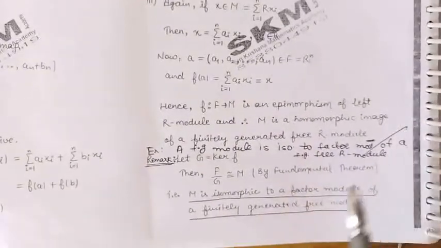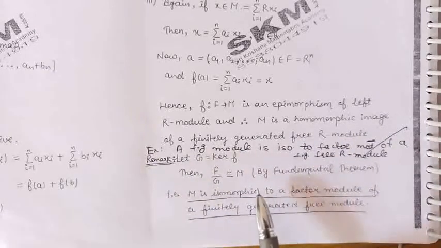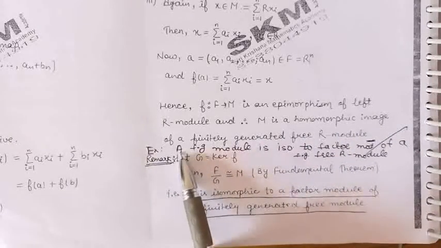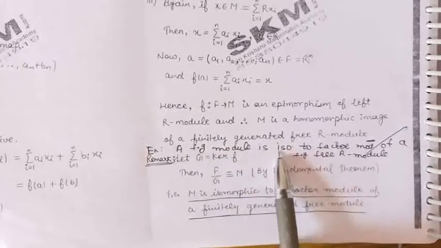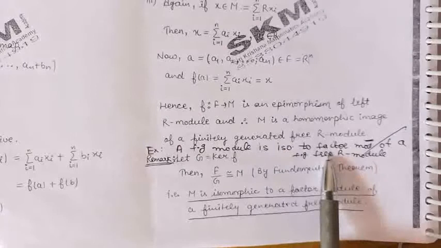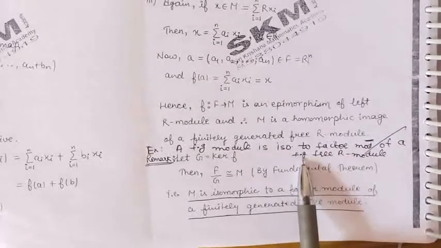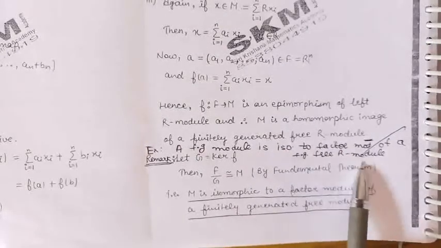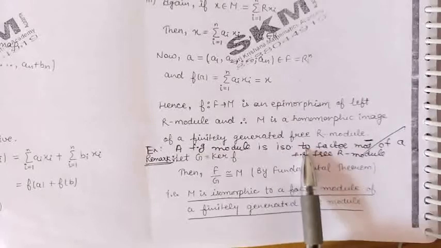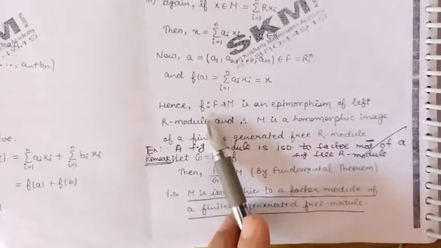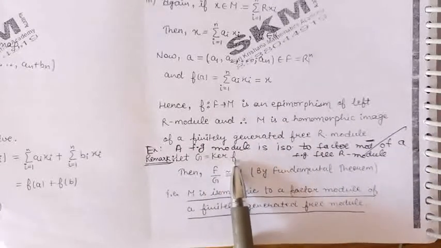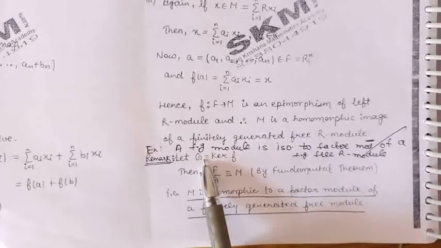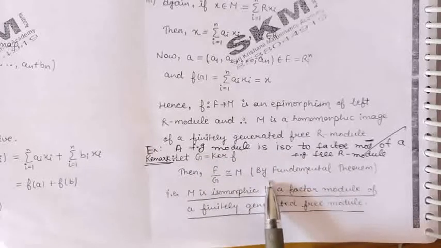Next, there is a corollary related to this theorem. In this we prove that a finitely generated module is isomorphic to the factor module of a finitely generated free R module. To prove this, we continue with the previous theorem, and let us take the kernel of this mapping f, that is G. Now because the mapping f is an onto homomorphism, we can use the fundamental theorem.